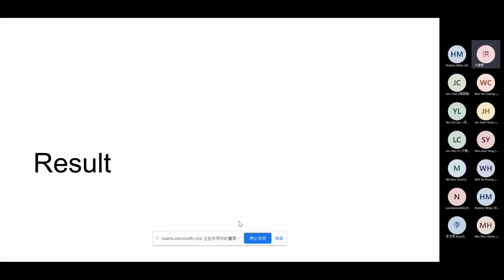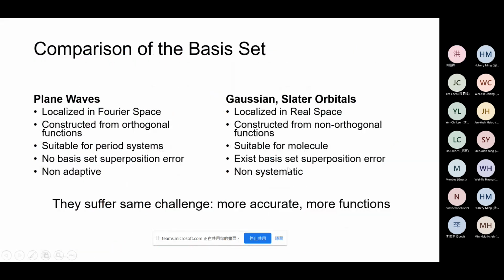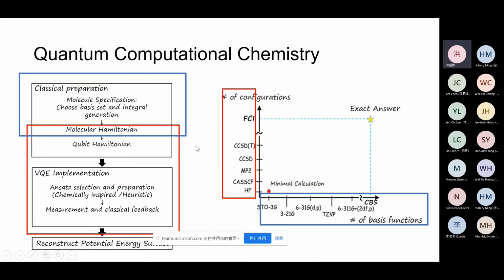So maybe let's start from this slide. The more important part of this work is focused on the blue region. That is, we prepare the better classical preparation for the molecular Hamiltonian.